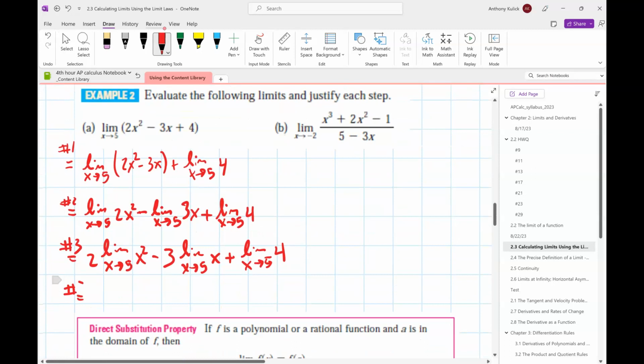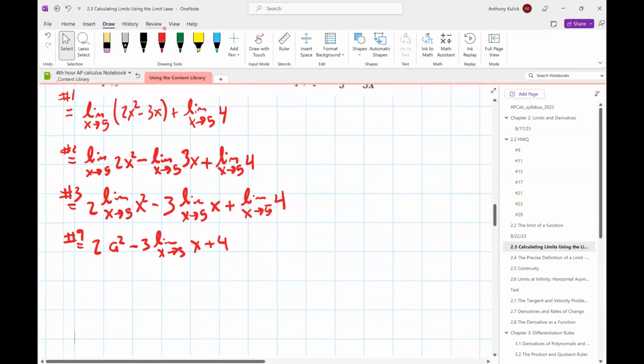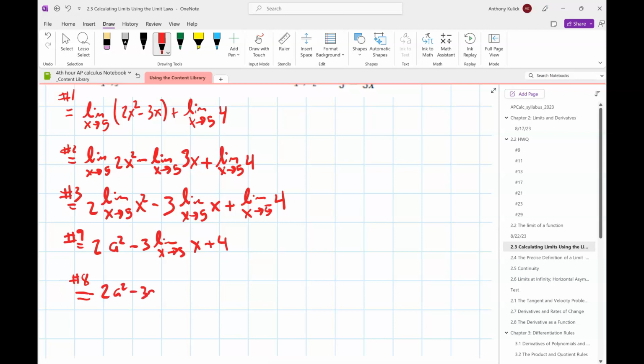That's more specific. And then I can use property 8, oops, forgot my limit here.